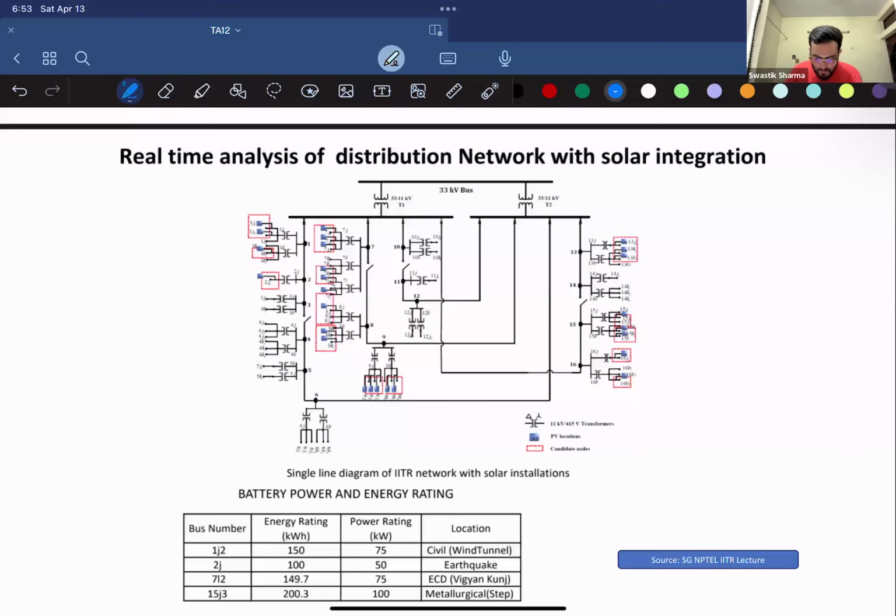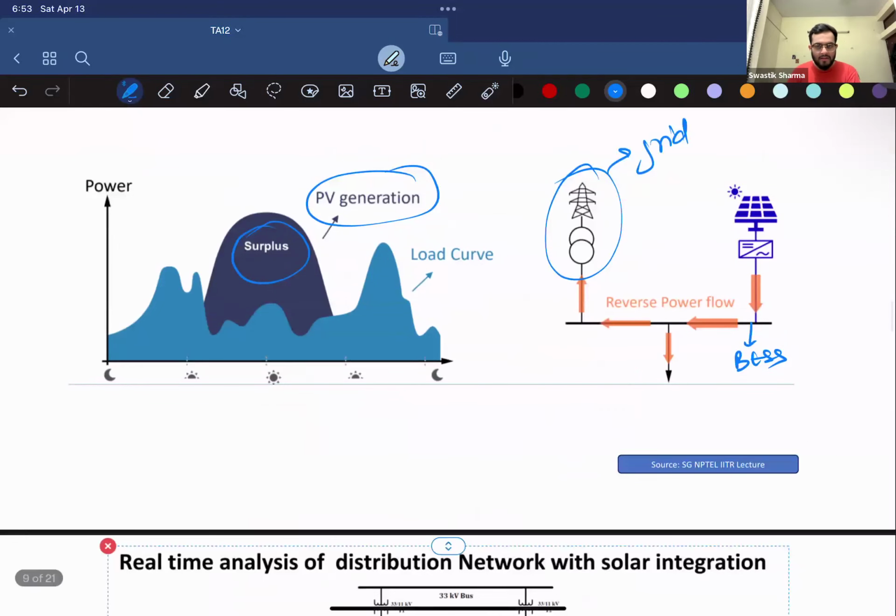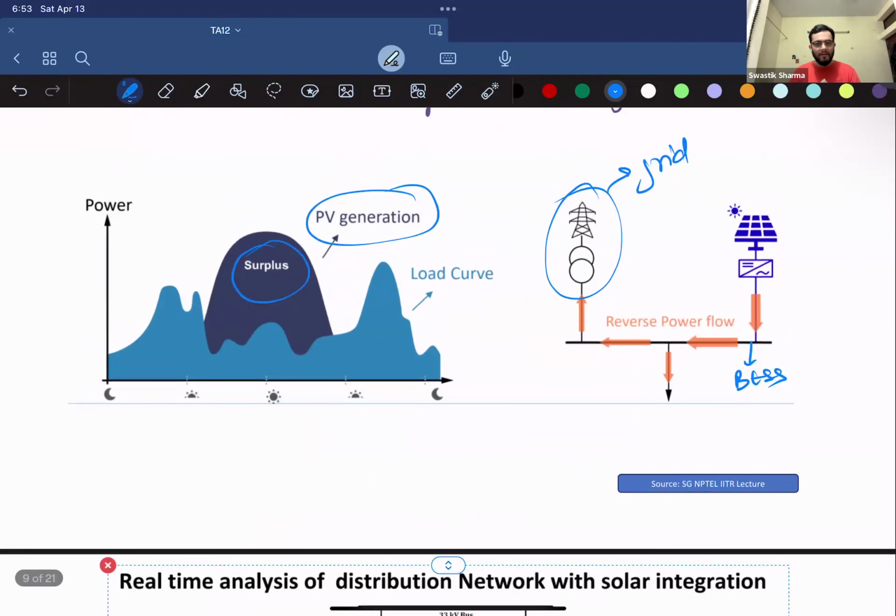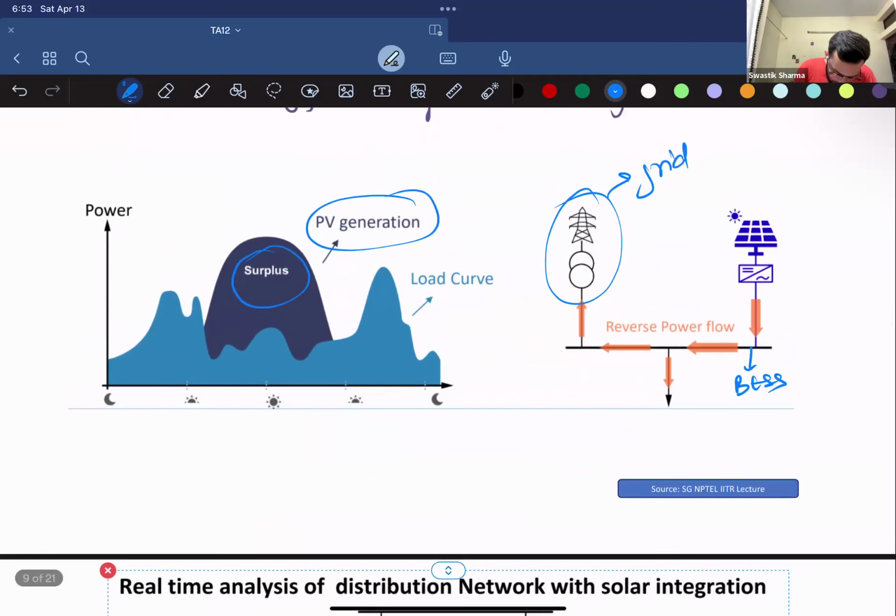So what they want is to use BSS to be able to soak in this power when the PVs have surplus available.